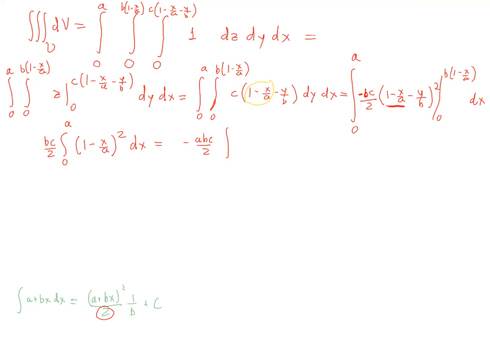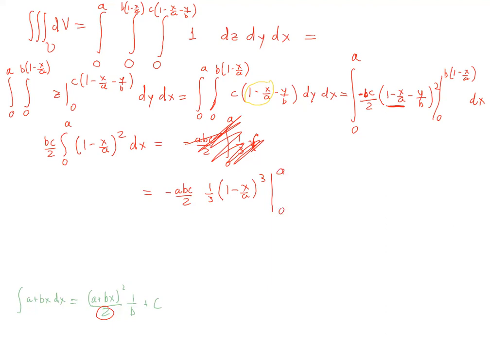So I would get, oops, I shouldn't have done the integral here because I found the antiderivative. So this will be minus abc over 2, and it will be 1/3 times 1 minus x over a to the 3rd power from 0 to a.